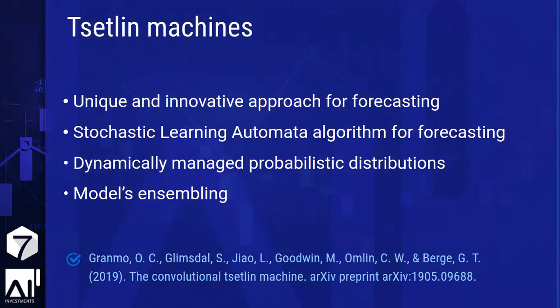The next method, quite a different one than previously presented, is the so-called Setlin machine. Setlin machine is based on the algorithm called stochastic learning automata. It is a long-known algorithm invented by the Russian scientist Setlin, and this method is also used for time series forecasting, but not only.